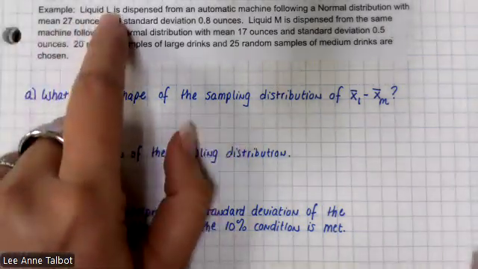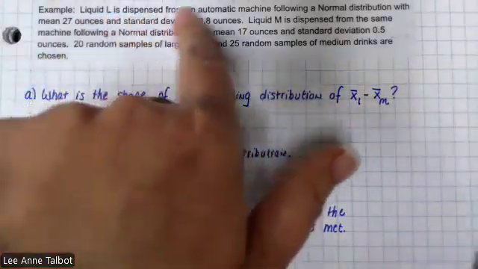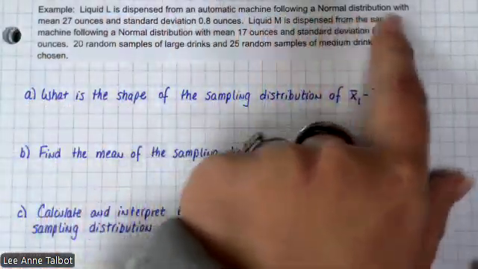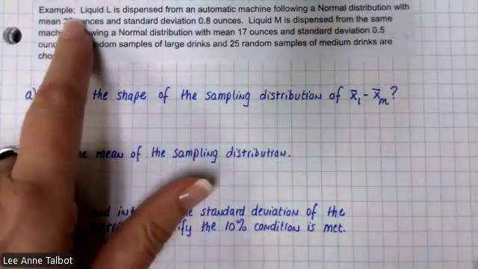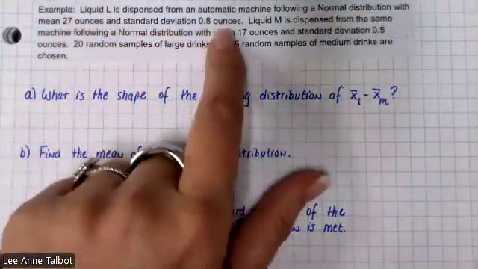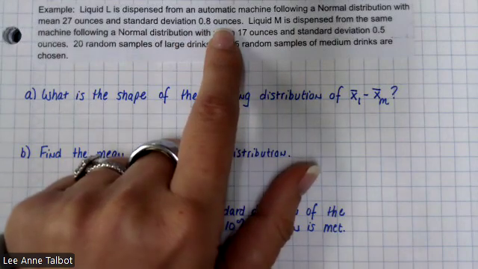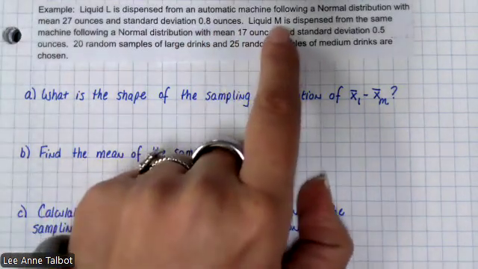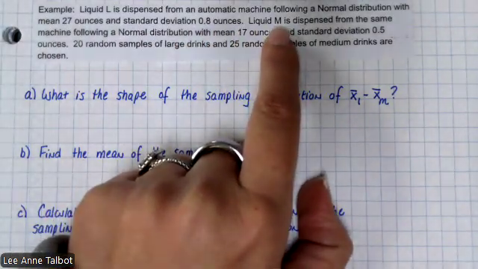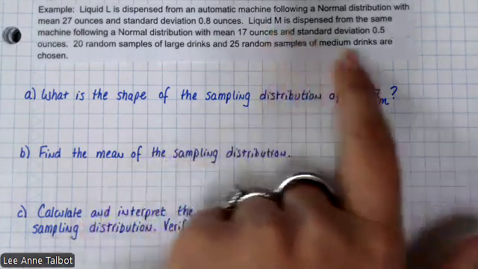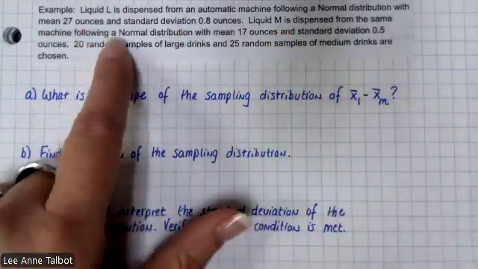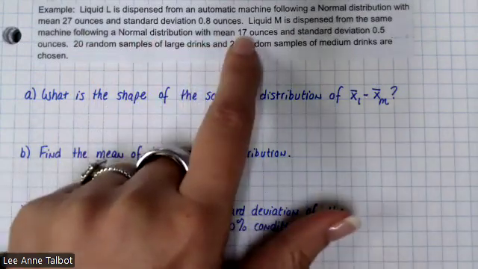liquid L, which is definitely Diet Coke, is dispensed from an automatic machine following a normal distribution with mean 27 ounces, delicious ounces, and standard deviation 0.8 ounces. Liquid M, Diet root beer, is dispensed from the same machine following a normal distribution with mean 17 ounces.